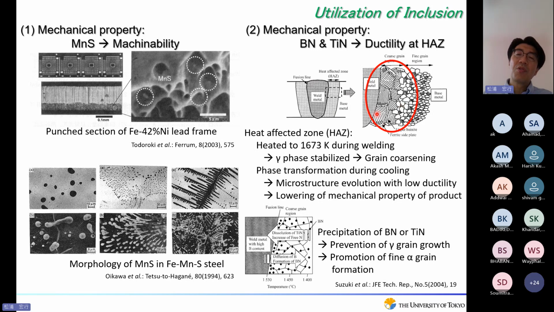And this coarsening of the grains will reduce the mechanical strength significantly. But if you can put boron nitride or some titanium nitride in these steel materials, the tiny dispersed boron nitride or titanium nitrides can prevent the austenite grain growth, and then the coarsening of the grains is avoided.